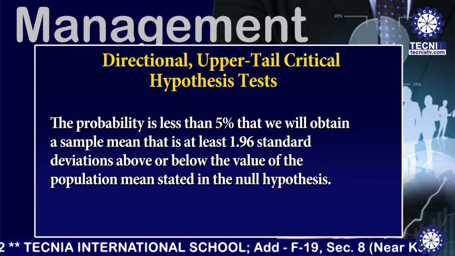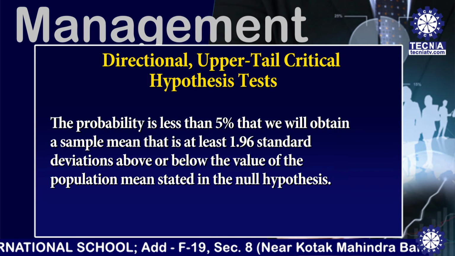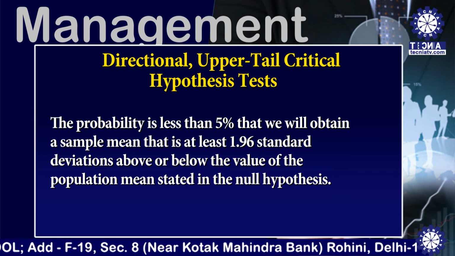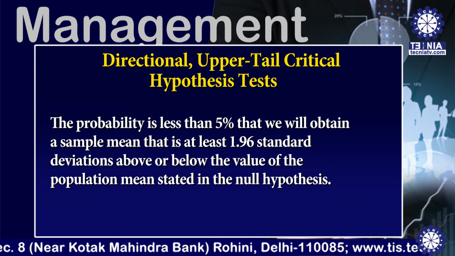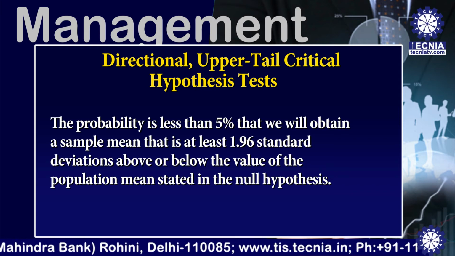Now I am explaining step 3. Here the probability is less than 5% that we will obtain a sample mean that is at least 1.96 standard deviations above or below the value of the population mean stated in the null hypothesis.